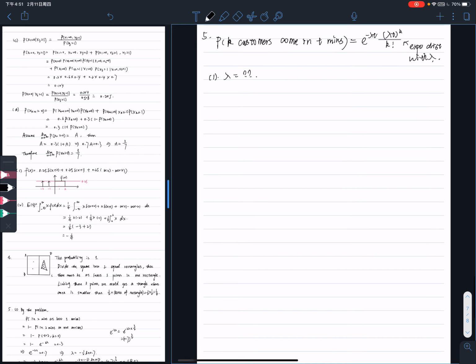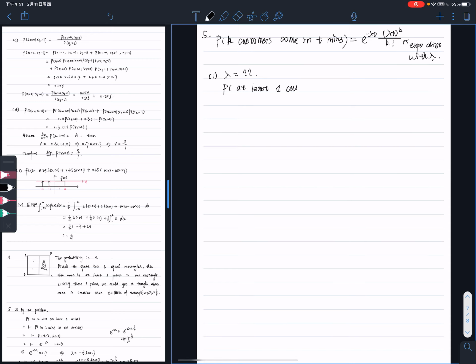In the statement of the problem, we know that the probability that at least one customer arrives in 2 minutes is equal to 0.3. Look at the "at least".